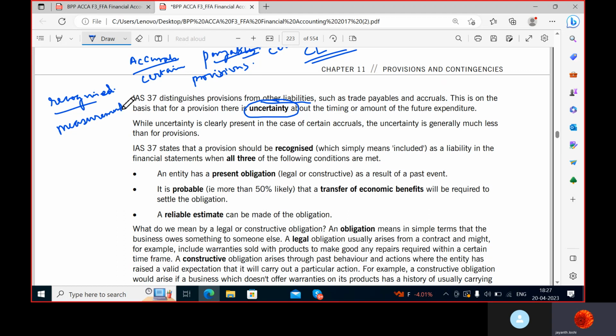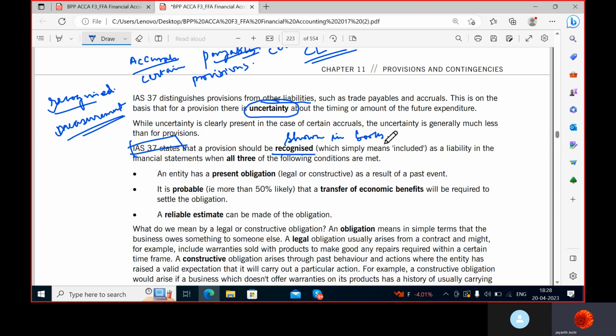When you say it has uncertain timing and amount, how would you recognize it, or how would you measure the amount for the provision? For that, certain things are given in IAS 37, and they say how a provision should be recognized. Recognized means shown in the books.